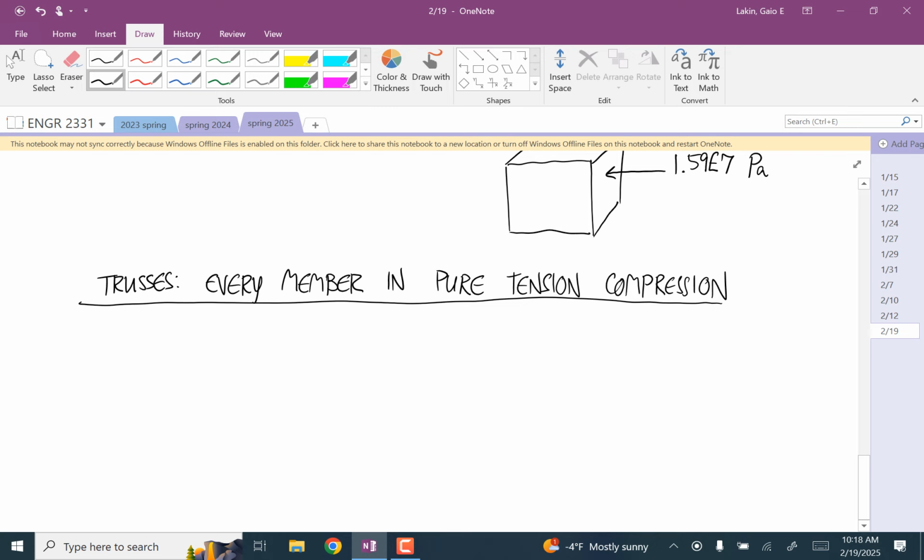So in order for that to happen, it requires that every member is a two-force member.